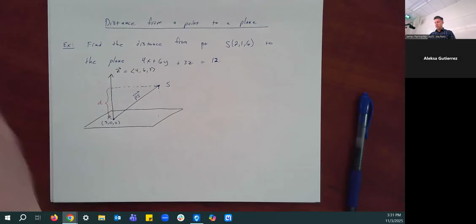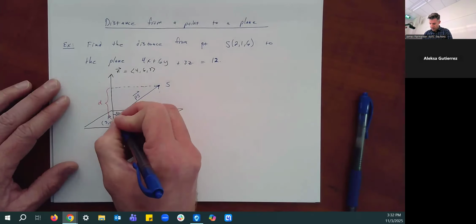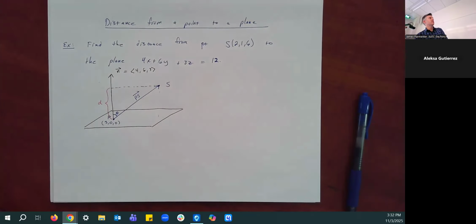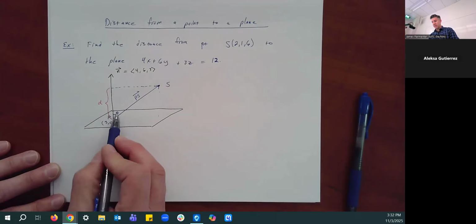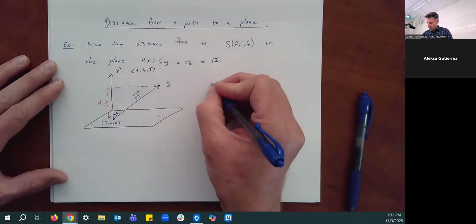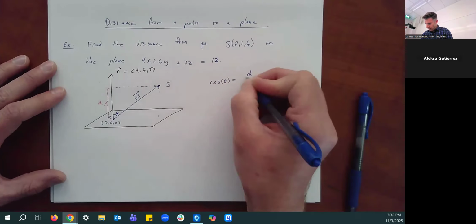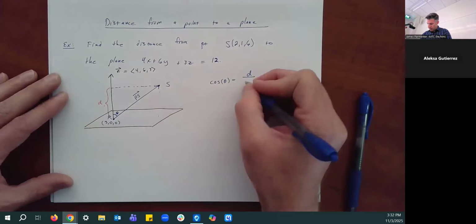So, much like before, we're going to look at the angle theta and talk about which trig function we need to use to find the length d. In this case, it's not going to be sine, it's going to be cosine, because cosine of theta is the adjacent side divided by the hypotenuse. So here we're going to say that cosine of theta is equal to the length we're trying to find divided by the magnitude of PS.